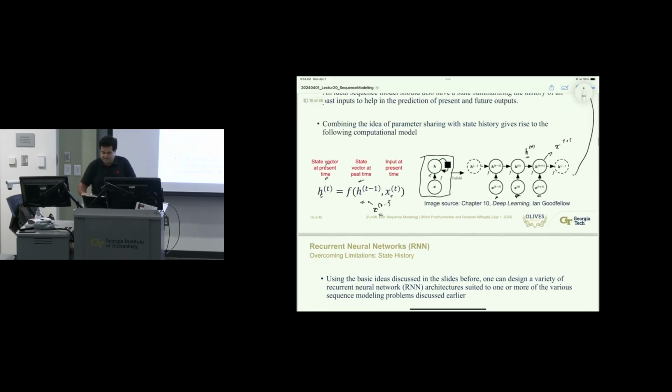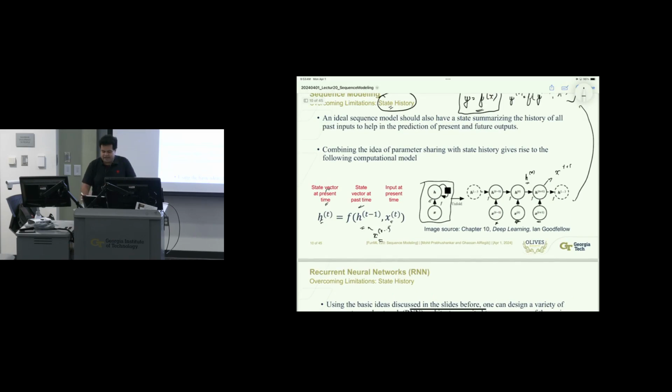And by making this kind of architecture, h of t plus 1 is going to be dependent on h of t and x of t plus 1, and h of t now is dependent on h of t minus 1, and so on. So until h of 0, it could be dependent on it. Again, this is something that we can decide later, how much it needs to be dependent on. But now we can say that it has to be dependent on a certain amount.